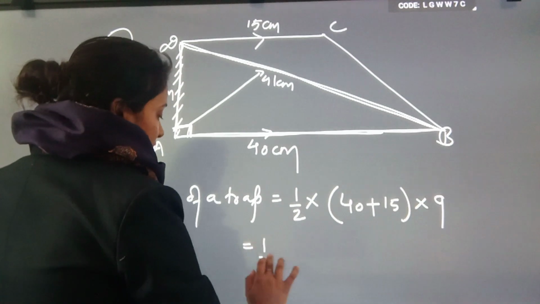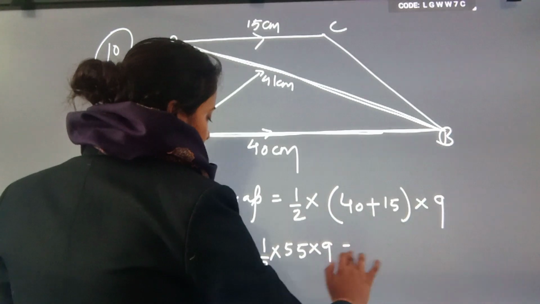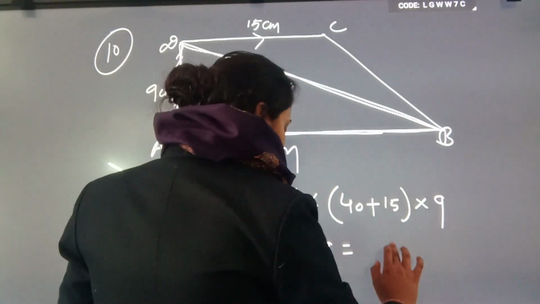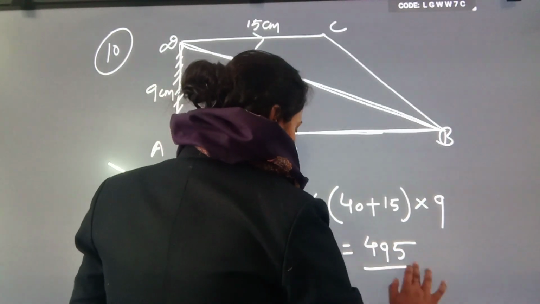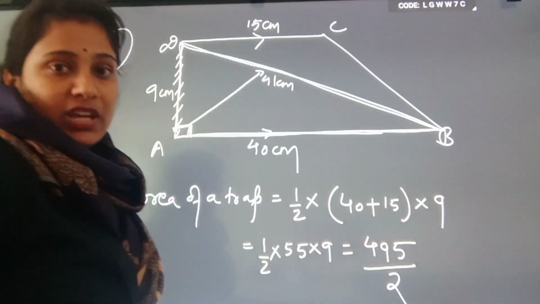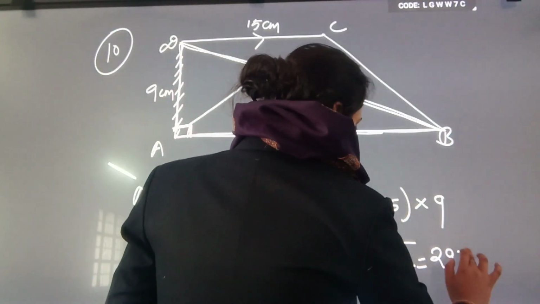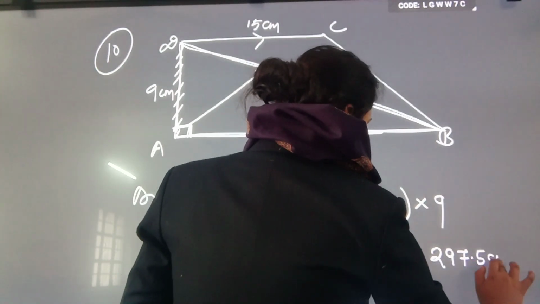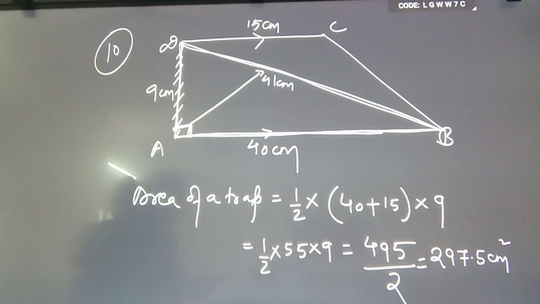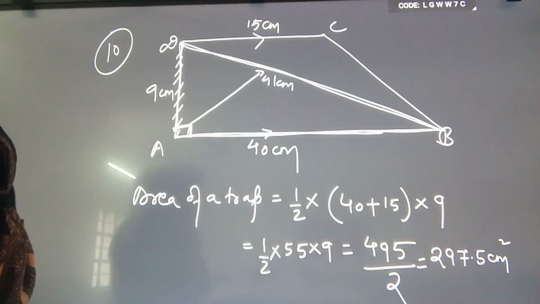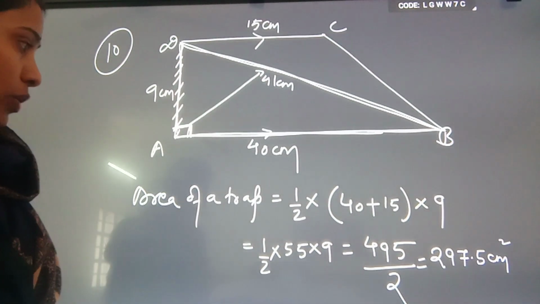So this will give you half into 55 into 9. 9 5s are 45, and this will be 4 9 upon 2. On further simplification, we will get the area as 297.5 centimeter square.